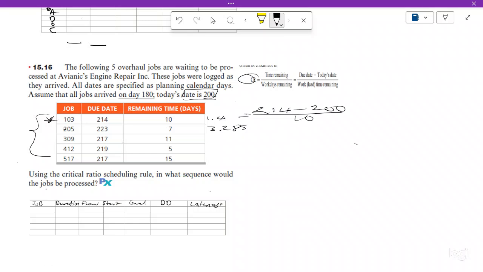Then 217 over 11, 1.54 or 1.55. Followed by 219 over 5, 3.8. Then the 217 over 15 is 1.1.